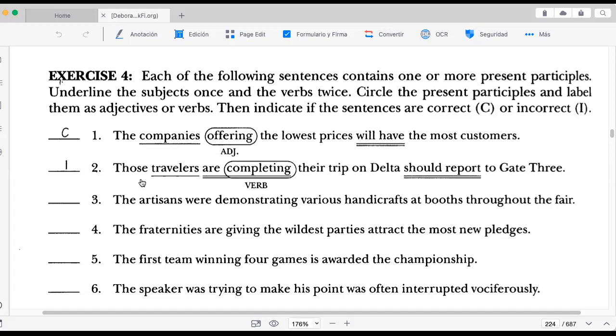On the second one: those travelers are completing their trip on Delta, should report to gate 3. Now, what will be the subject? Travelers, without a doubt. Are completing will be the verb, because we have the verb to be before the verb. And the verb will be should report.